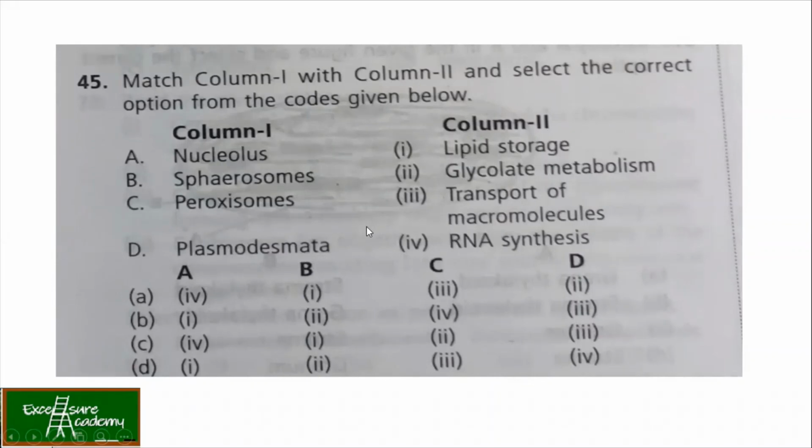Peroxisomes are meant for glycolate metabolism, as I just mentioned about the glyoxysomes. Plasmodesmata are for the transport of macromolecules. So the answer is going to be option C. Nucleolus is responsible for RNA synthesis, spherosomes for lipid storage, peroxisomes for glycolate metabolism, and plasmodesmata for the transport of macromolecules.